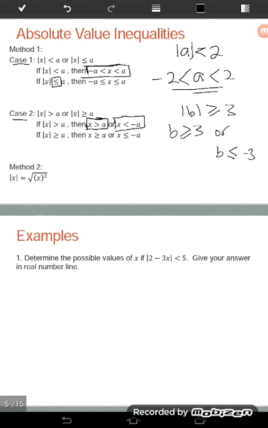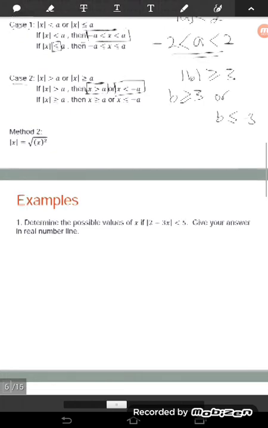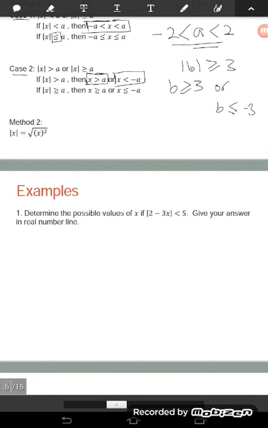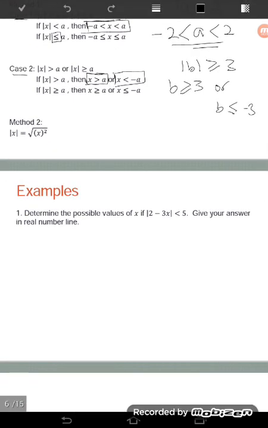Okay, so contoh. So modulus 2 minus 3x less than 5. So this one less than, lagi kecil. So jawapan dia ada 1.